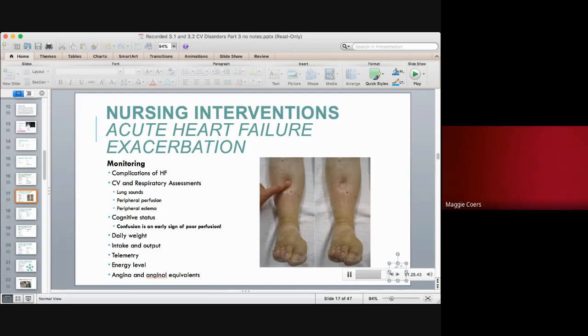Again, we want to make sure that the patient has a daily weight. We want to continually monitor intake and output. They should be on telemetry, monitoring their heart rhythm. We want to always be monitoring their energy level, and then for any angina or anginal equivalent.